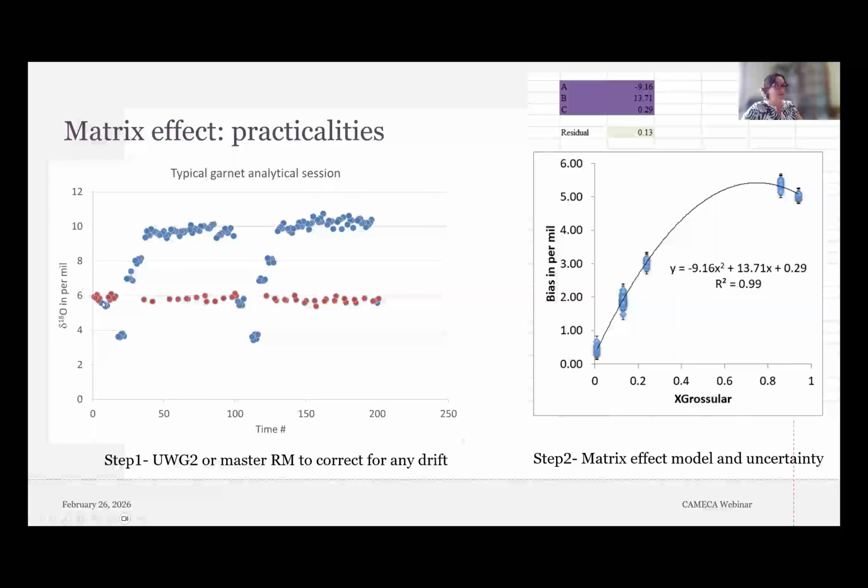You can see here we have two sets of measurements, and this data here are our unknowns. Using all our reference materials, we can draw this curve, where we report the bias in pyrope versus the grossular content of the reference material. Using this curve, we can correct the unknowns based on their grossular composition.